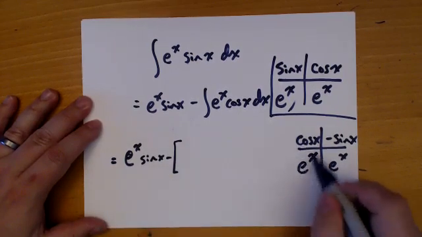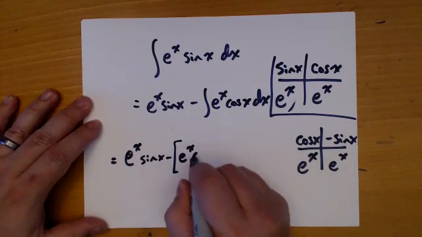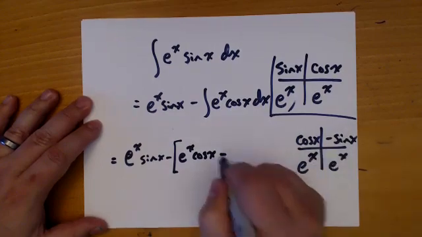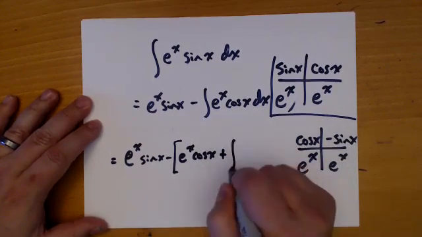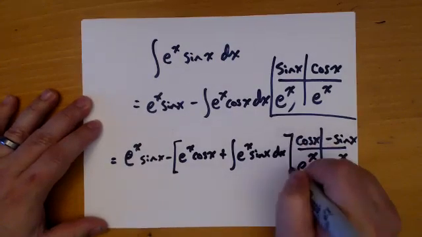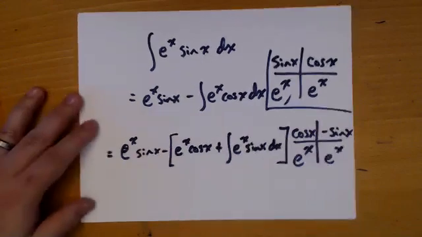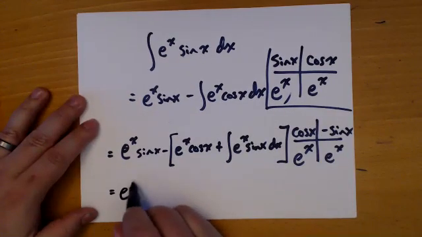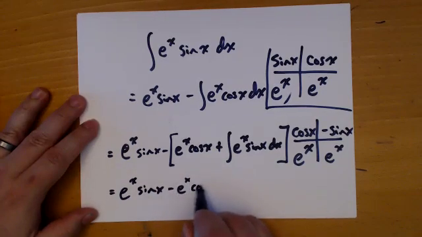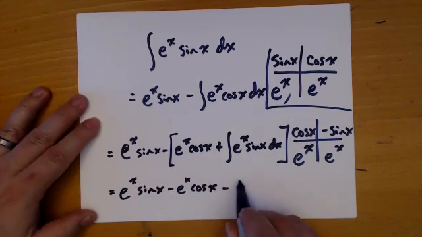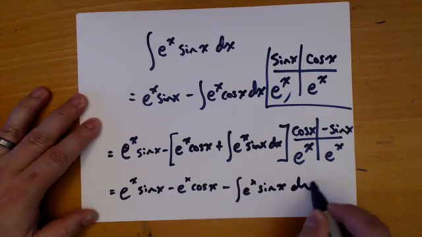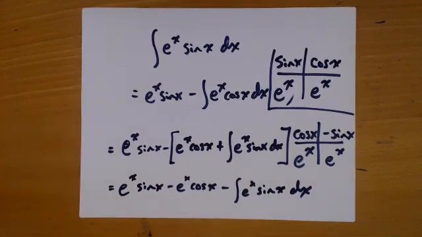And now it's this minus the integral of that. And since I've got a negative, it becomes a positive. And just for giggles, and you're like, Ronco, what are you doing?